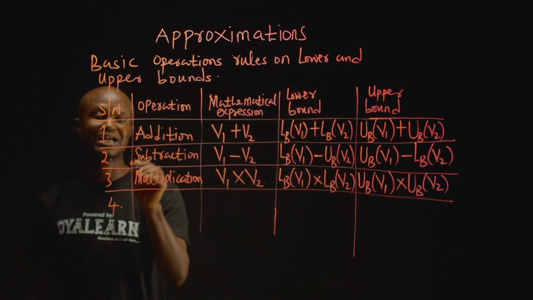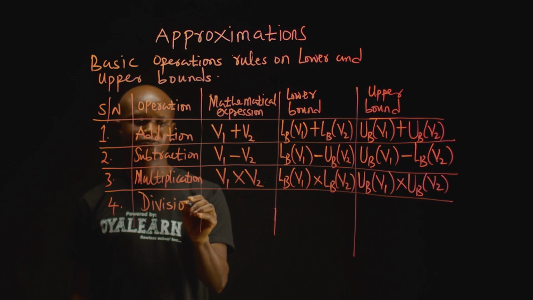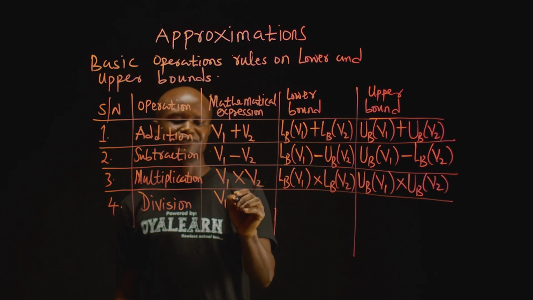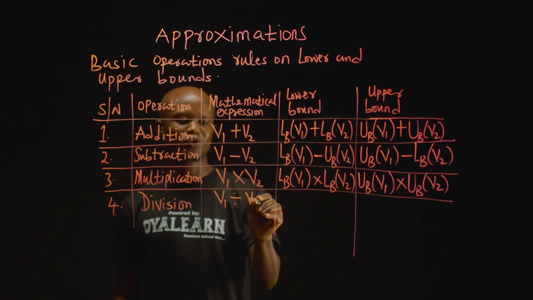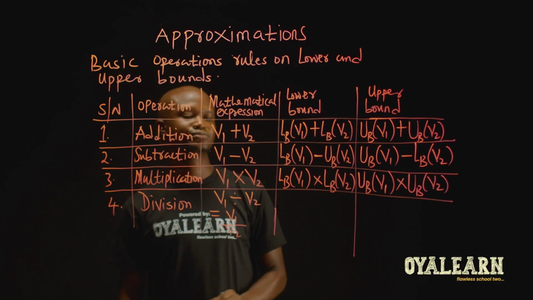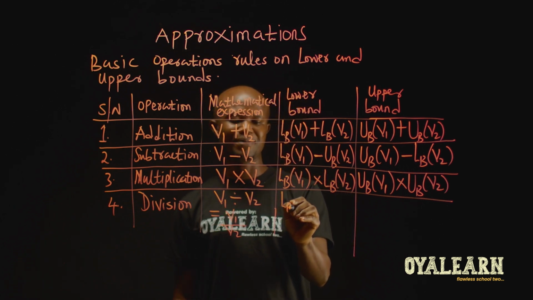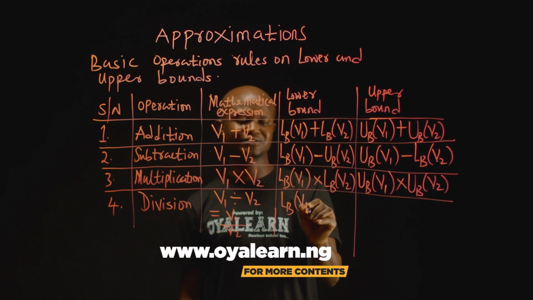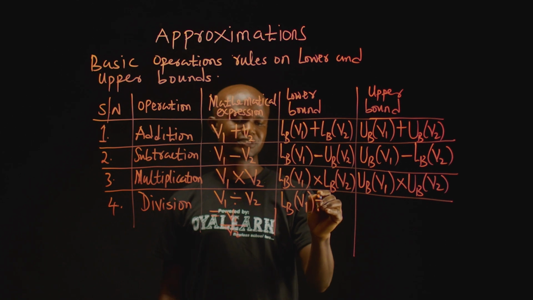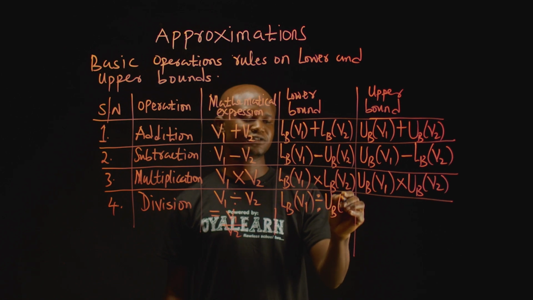Number 4. That's division now. We can have a mathematical expression of the form V1 divided by V2, which is the same thing as V1 over V2 also. Now, for this, we have the lower band of V1, then divided by upper band of V2.